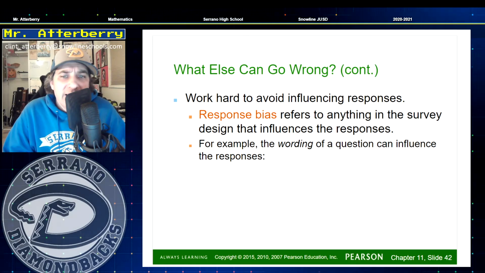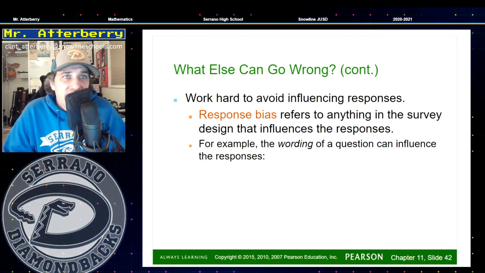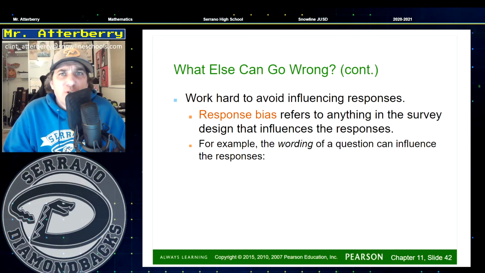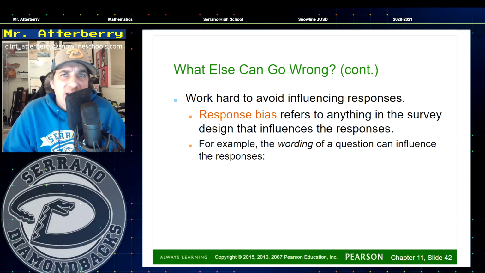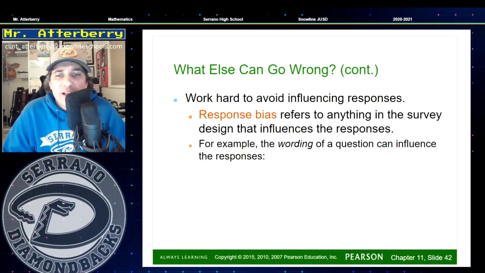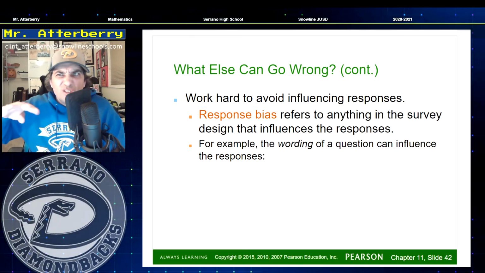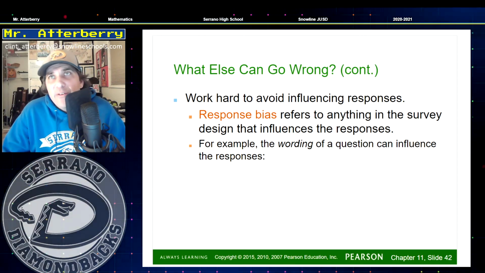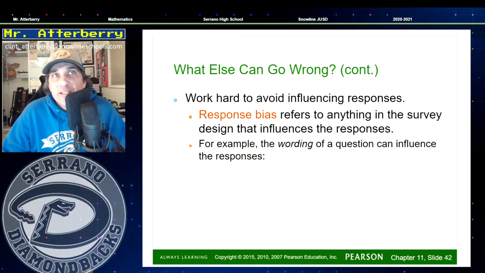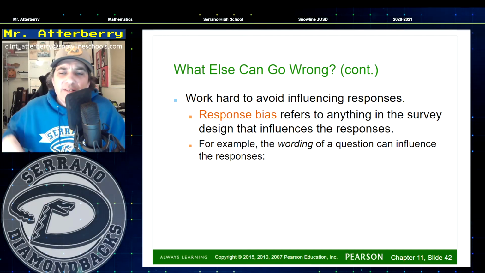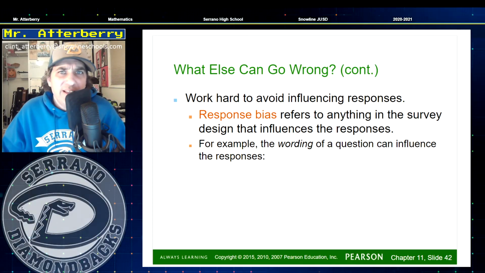But if you say something like, on a scale of 1 to 10, how satisfied are you with the school lunch, you're trying to be as neutral as possible. You don't want to use buzzwords or adjectives that give a sense of feeling one way or another. You want them to be as neutral and as gray and meh as possible, because you don't want the respondent to think of something negatively or positively before they answer. You don't want to have any influence on the respondent.